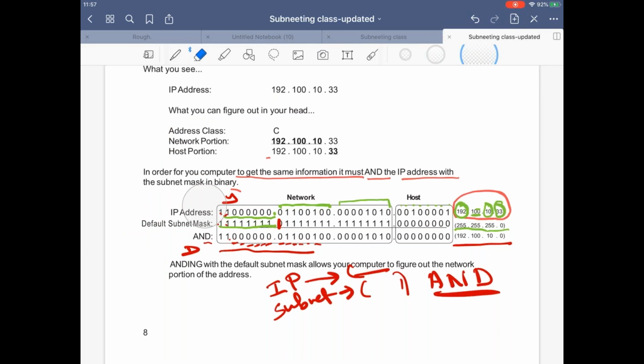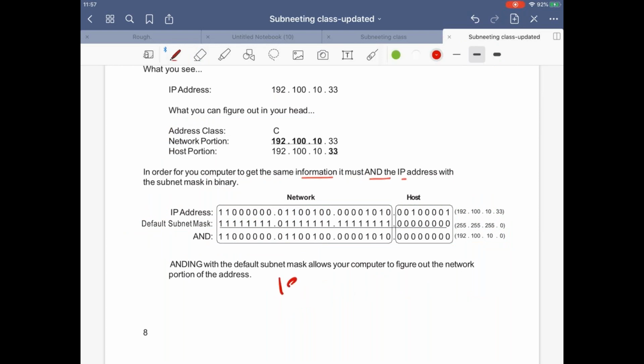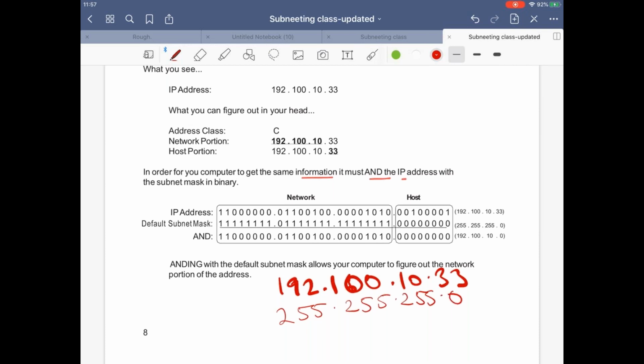If I have the IP address 192.100.10.33, and the subnet mask is 255.255.255.0, if you give me any subnet mask, I can put it here and I will tell what the network ID will be.